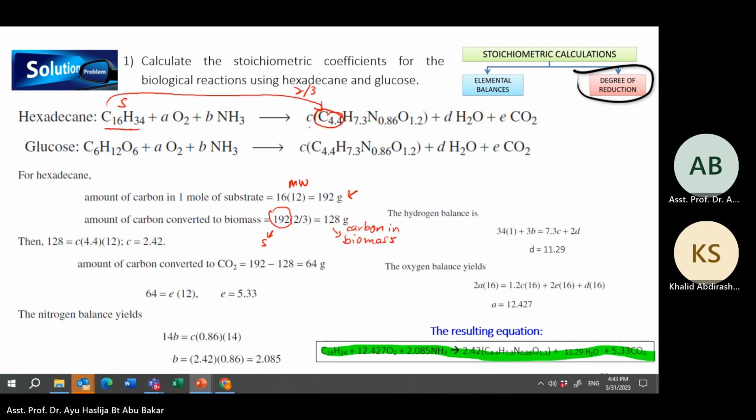Where is the rest of the 1/3 of the carbon? Yes, correct. The 1/3 goes to C in CO2. Okay, we are focusing on the C only, so that you can understand.